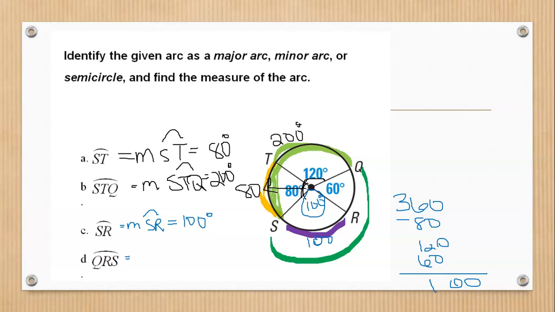And we're going to add up those angle measures, 160, right? 100 plus 60. So that makes the corresponding arc measure the same, 160. So the measure of QRS is 160 degrees. So you can see sometimes you can pull the angle measure right off the diagram, and sometimes you have to solve for it.